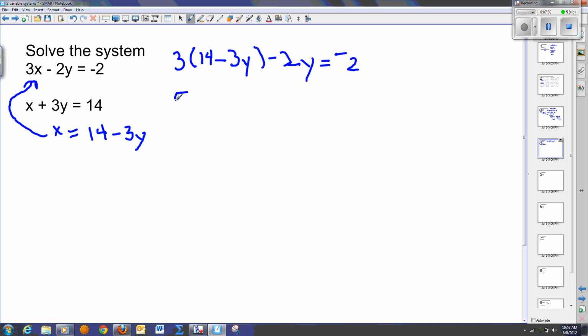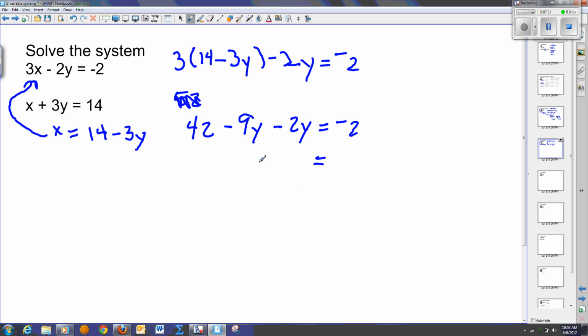So now I have 52, I lied, 42 minus 9y minus 2y equals -2. This is not looking pretty.